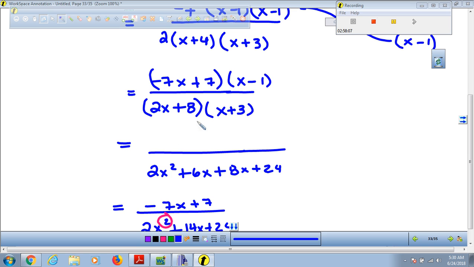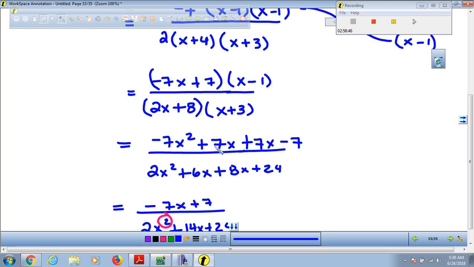Negative 7 times x, negative 7x squared, negative 7x times negative 1, positive 7x. 7 times x is positive 7x, and 7 times negative 1, negative 7. Okay, let me see.